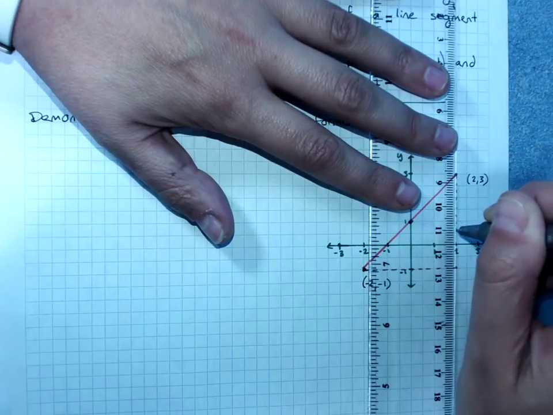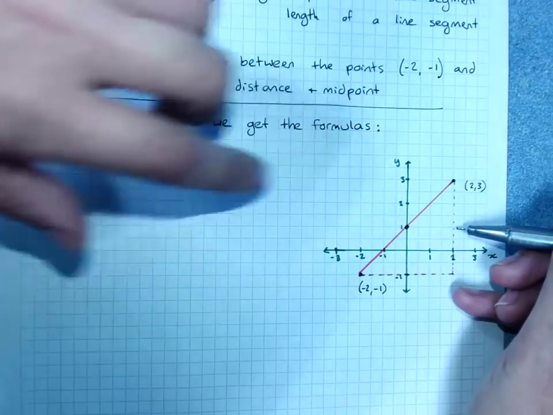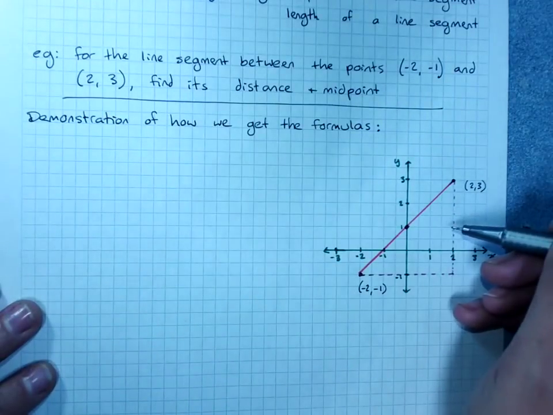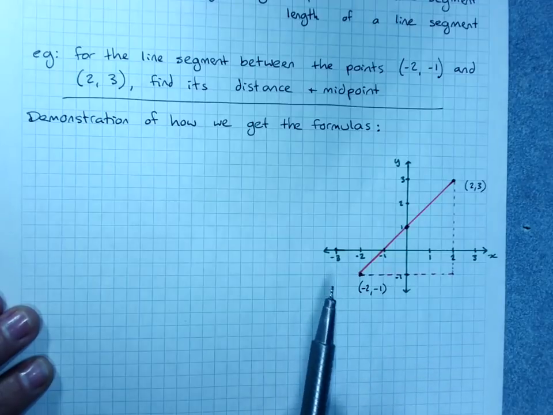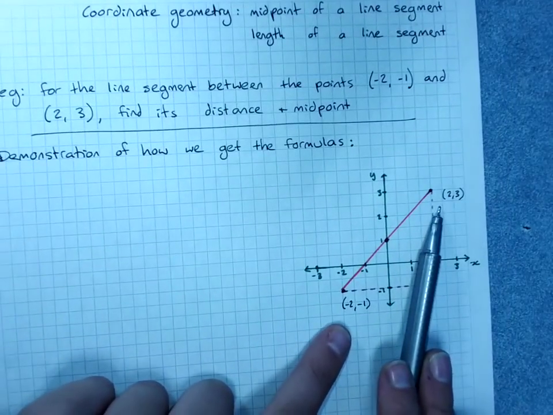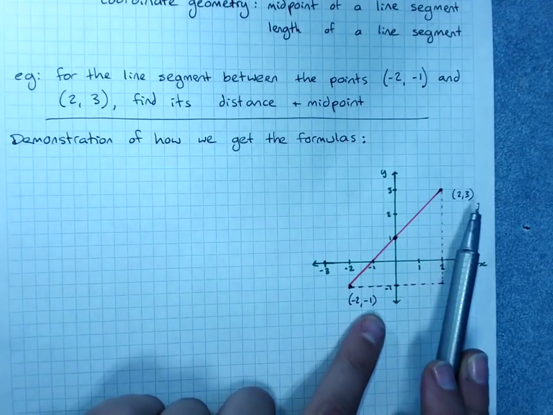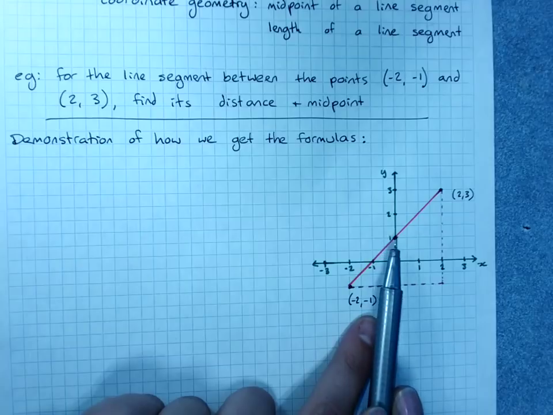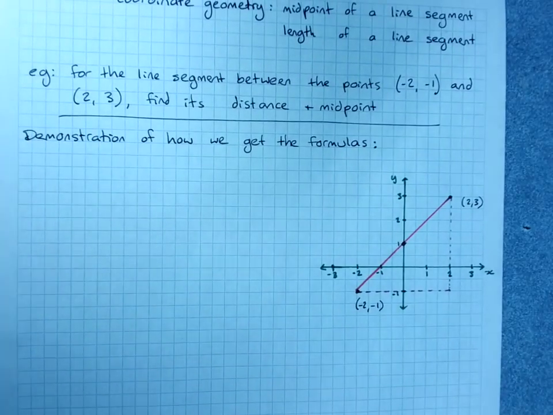Halfway between those is 1. If we take halfway between the 2 x values, between 2 and -2, and halfway between the 2 y values, between -1 and 3, we get the coordinates of the midpoint of that line segment.